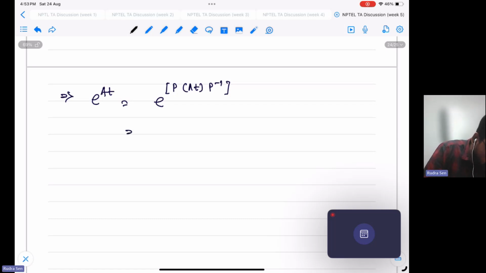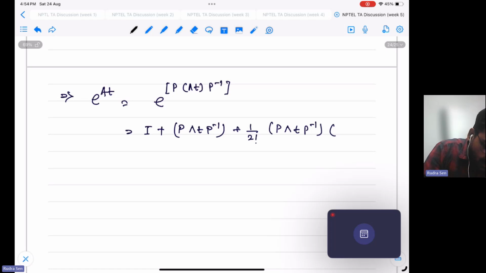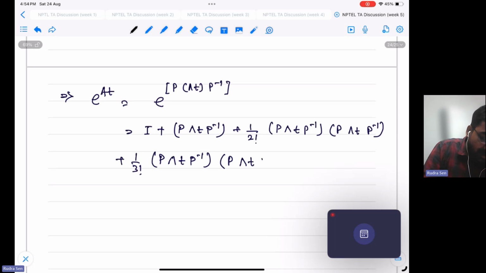What is this? e to the power At is I plus P lambda t P inverse, plus 1 by factorial 2 times P lambda t P inverse times P lambda t P inverse, plus 1 by factorial 3 times P lambda t P inverse, P lambda t P inverse, and P lambda t P inverse, and you can continue this process.